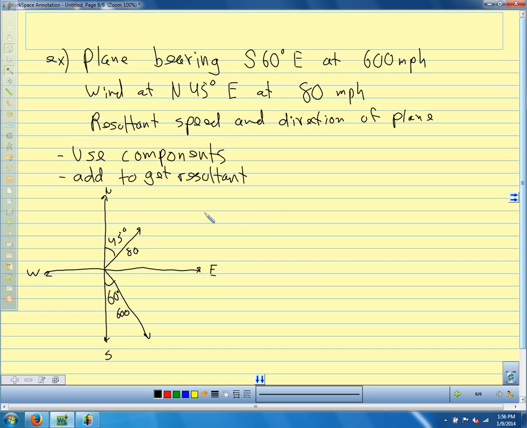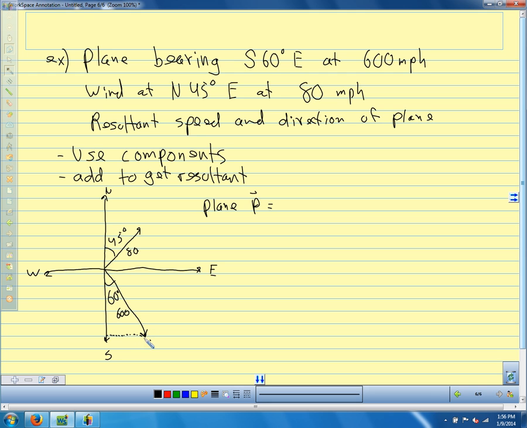So let's start with the plane. And I'll call that vector P. So looking at this triangle down here that represents our plane, let's find the x component, the horizontal component of its speed. First off, if it's flying in this direction, is the horizontal component going to be positive or negative?